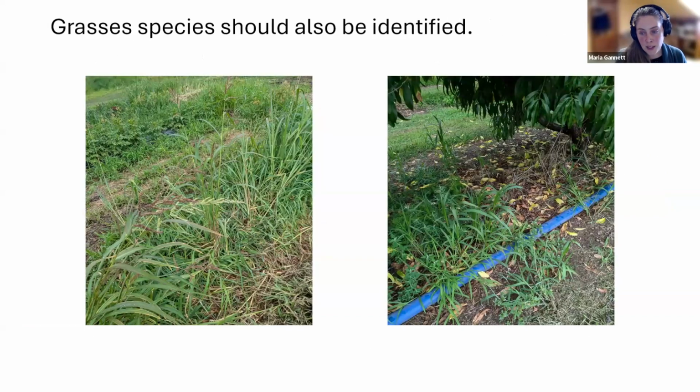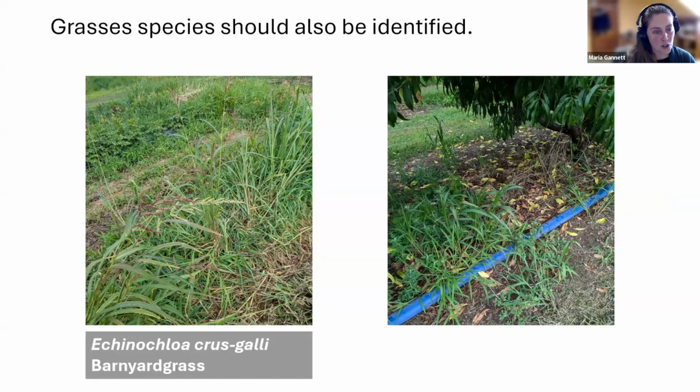I'm going to say something that is not controversial, but people really wish it were not true, is that grass species are different species. So we've got two grasses here, and they look very similar. The one on the left is different from the one on the right. The one on the left is barnyard grass, Echinochloa crus-galli, and this is an annual plant.